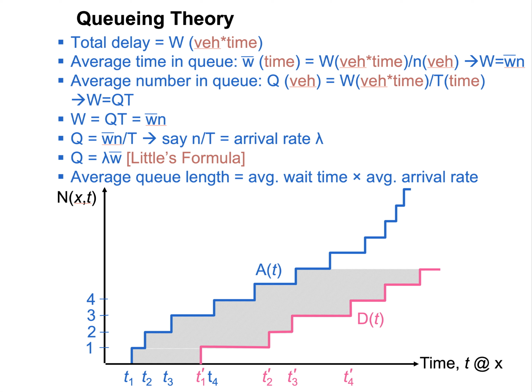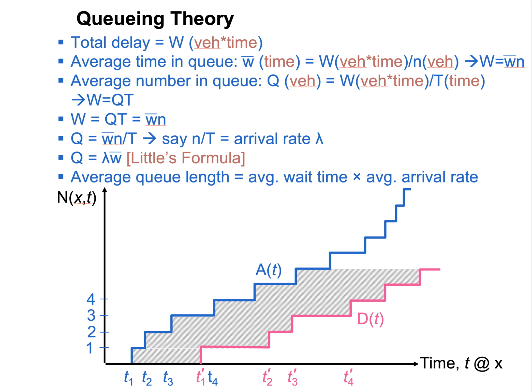So if we substitute lambda equals n over T into the equation, we have Q, the average number in the queue, is lambda times W, and that's known as Little's formula in the queuing literature.